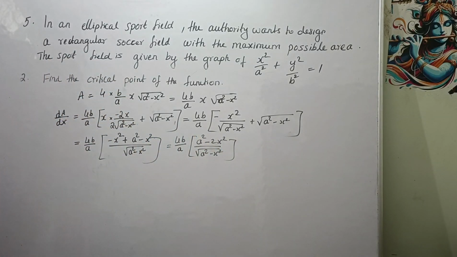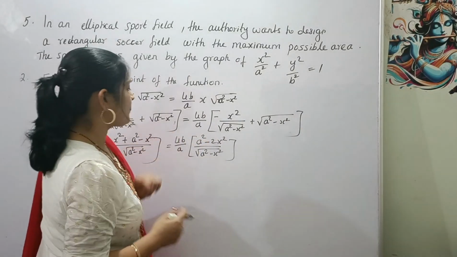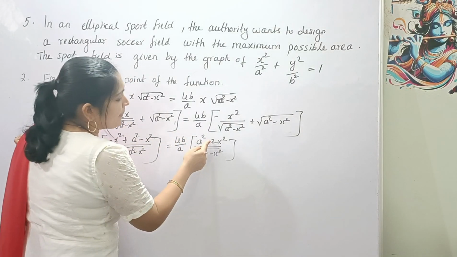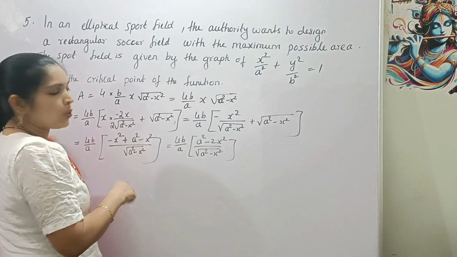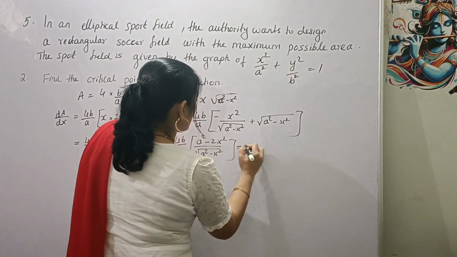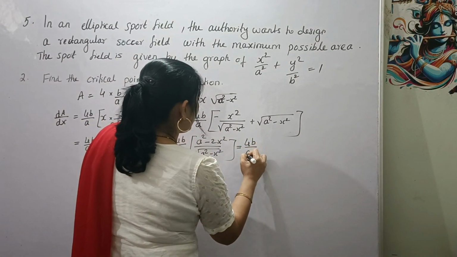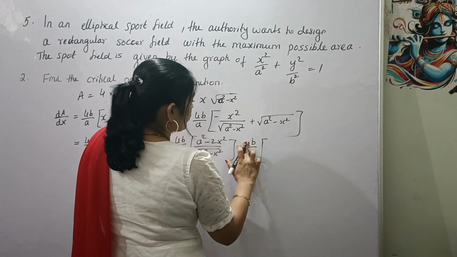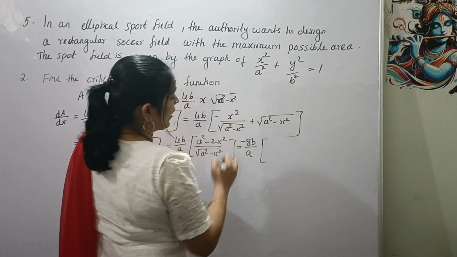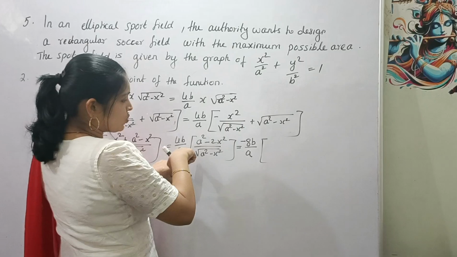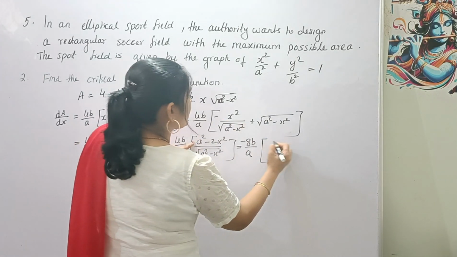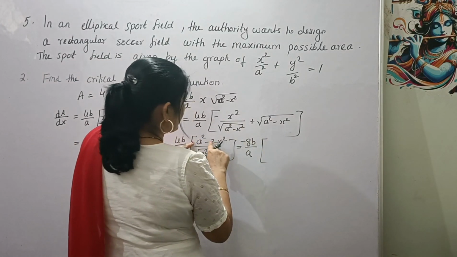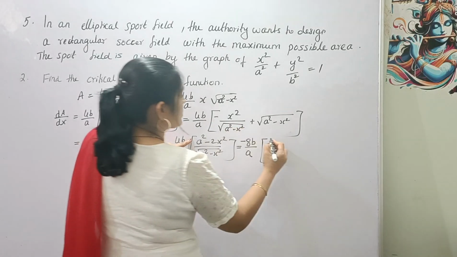Okay, now this can be written as, see here, let's take minus 2 outside. It is equal to 4b/a, take minus 2 outside, so it will be −8b/a. Okay, so minus 2 taken outside, so here it will be plus, right, because minus taken outside.